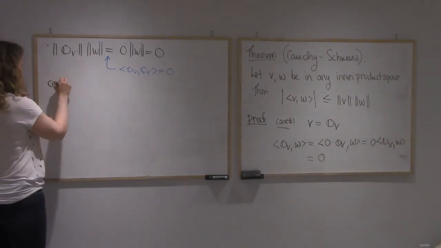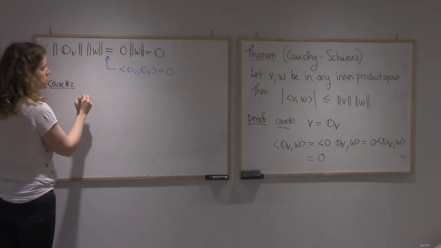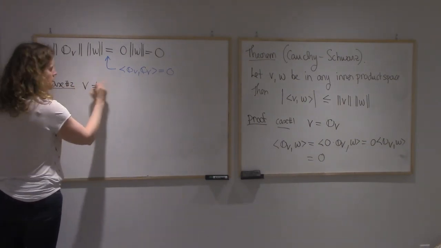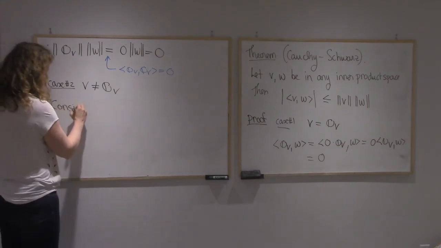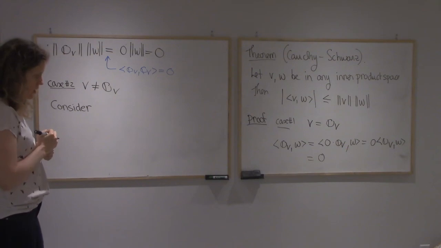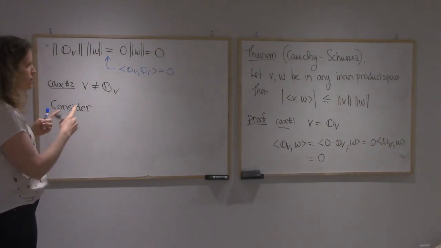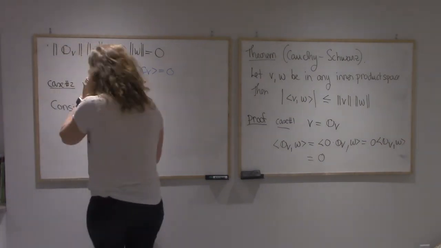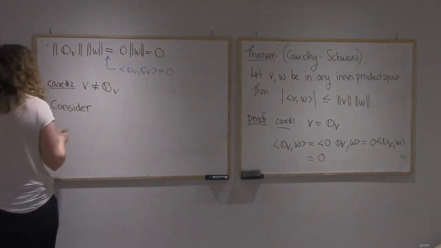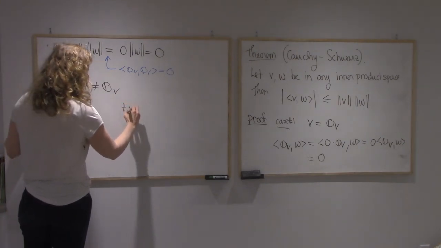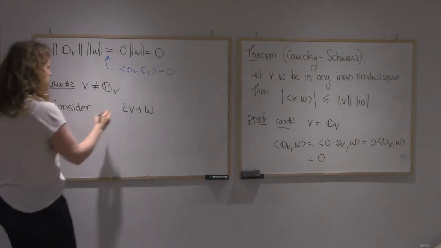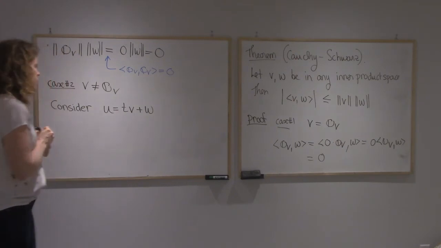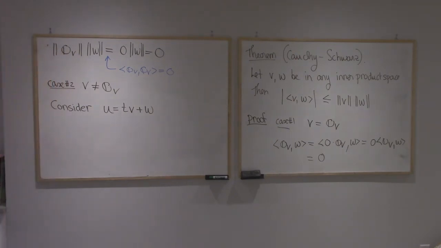So we can assume that V is not 0. I'm going to look at a vector that's built from both V and W: tV plus W. Let's call it U. T here is a real number.